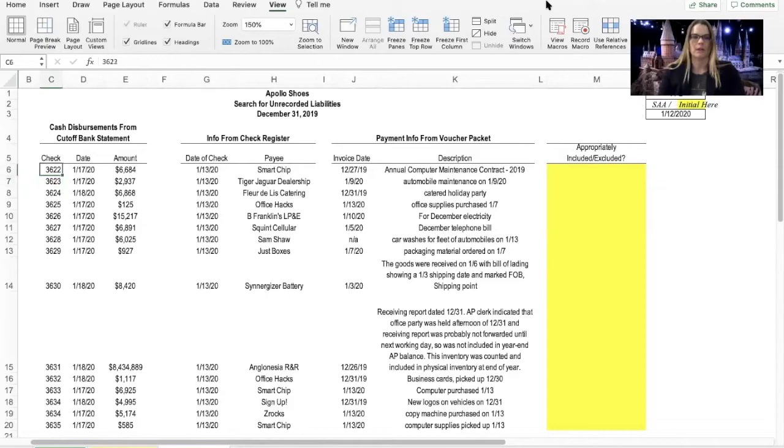And so for each of these disbursements, I need to look at it and evaluate whether or not I think it's properly included or excluded from accounts payable at year end.